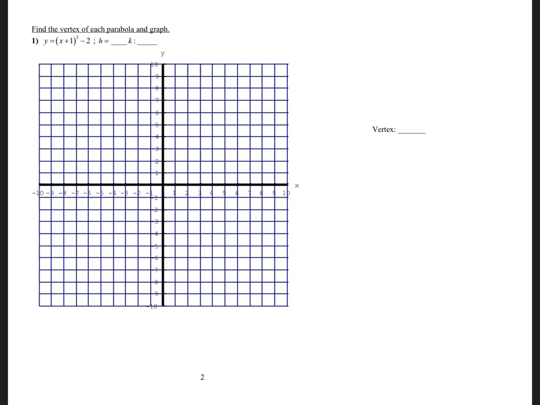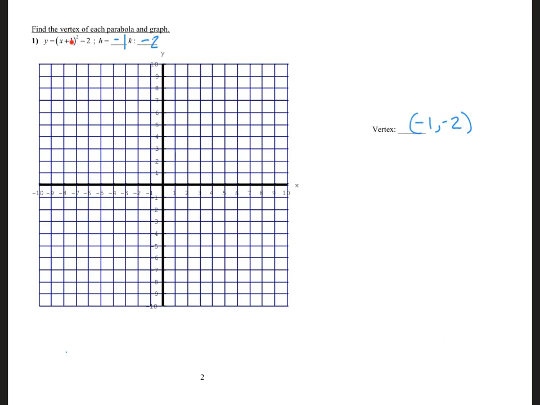So here is an example that we're going to do. We start by writing the value of h, and I can see h here is -1 and k is -2. So that means my vertex is (-1, -2). And remember what we did in unit 1, that for the value of h, you always switch the sign.